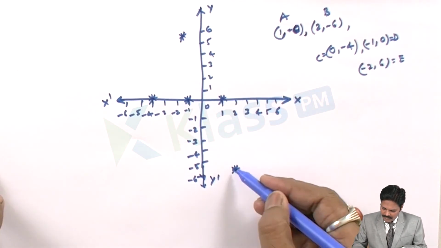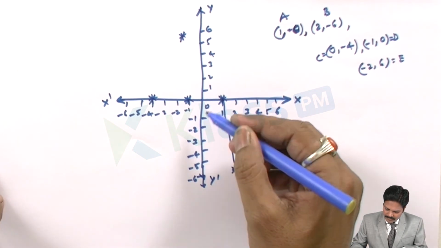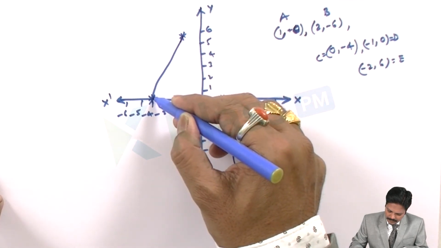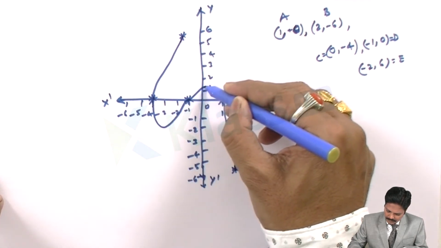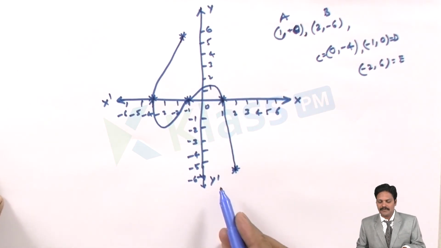If we take these points, after joining them we get a curve shape, which is one type of curve.